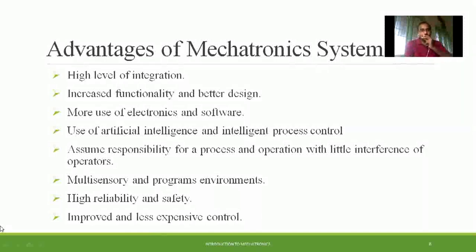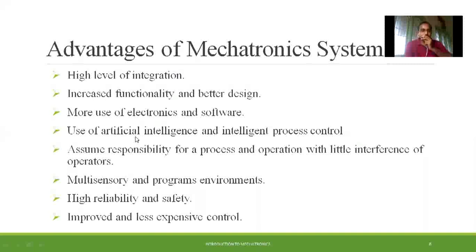Hence, combining these three different categories in a single state leads to high performance, increased functionality, and a better design. And more use of electronics and software leads to precision of the work being done.